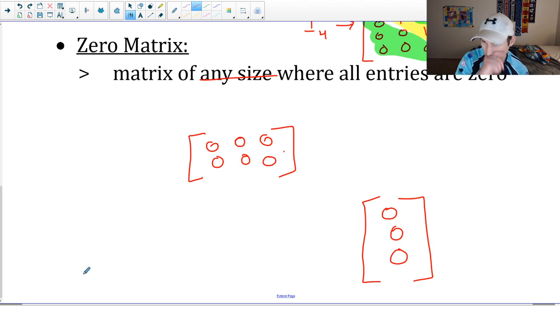It's like 0. It's like the matrix version of a 0. Right, so adding or subtracting, whatever. But any size of matrix, as long as there's only zeros inside of it, called a 0 matrix. It's a very creative name.